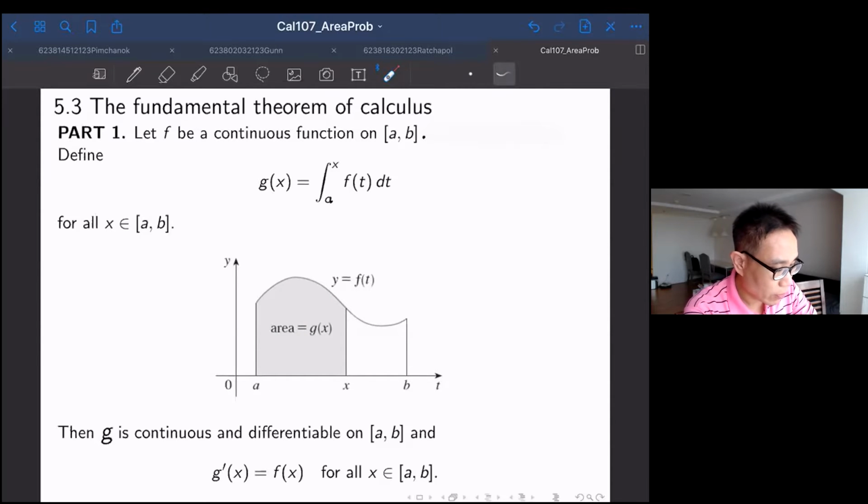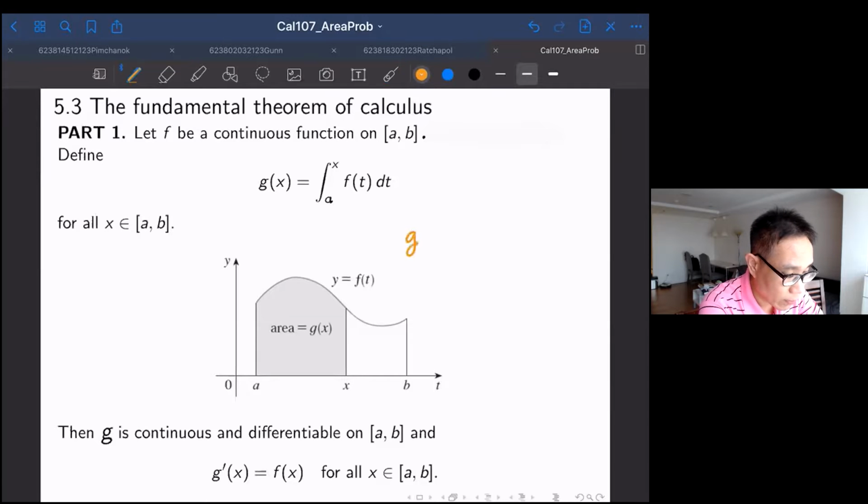So what does it mean? What is g'(x)? g'(x) is just the derivative d/dx of the integral from a to x of f(t) dt.